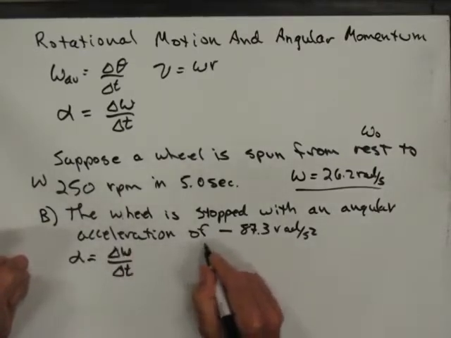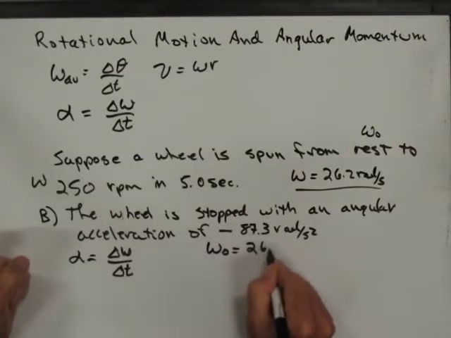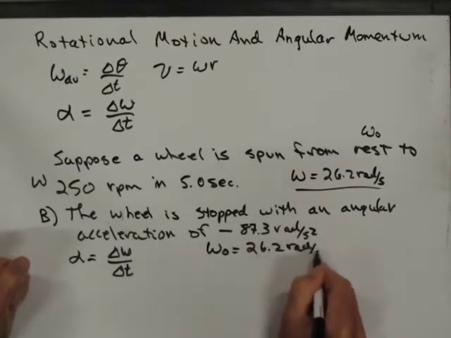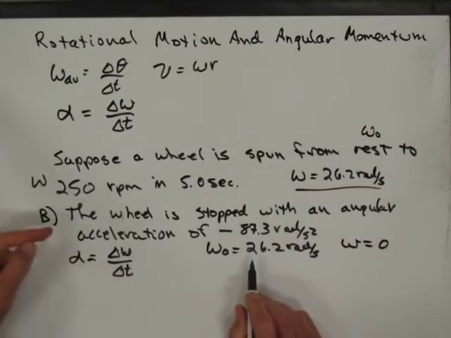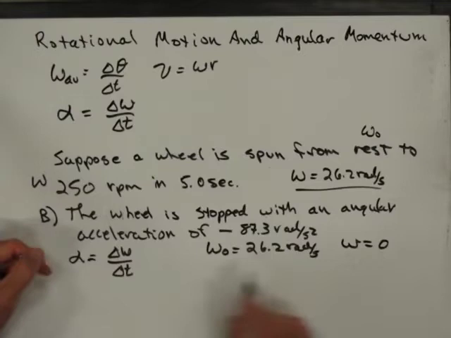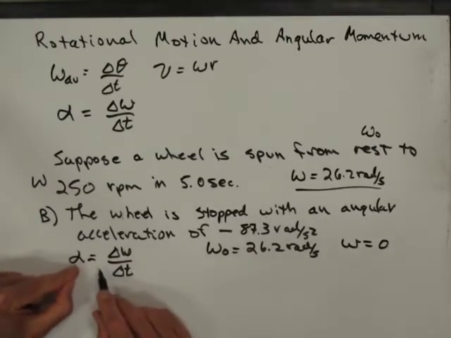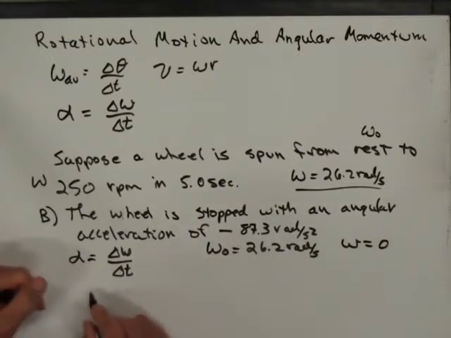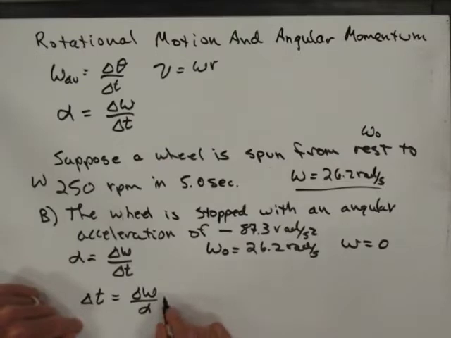And so in part B, omega naught is equal to 26.2 radians per second, and omega final is equal to 0, because now it's spinning, and we stop it. So it starts out at 26.2 and it ends at 0. But we're looking for the time. We know the angular acceleration, and so I'm going to rearrange this equation. I'm going to say delta t is equal to delta omega over alpha. I multiply both sides by delta t, divide both sides by alpha, and I get this.